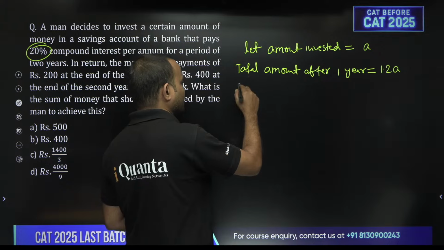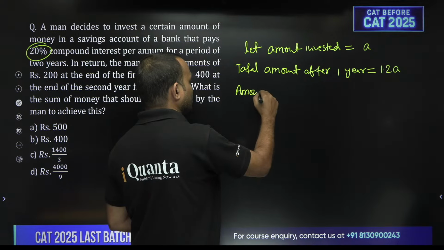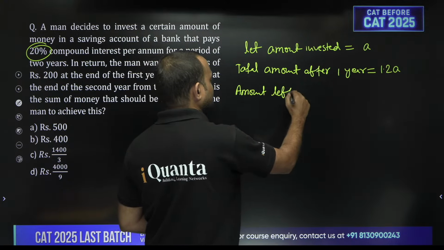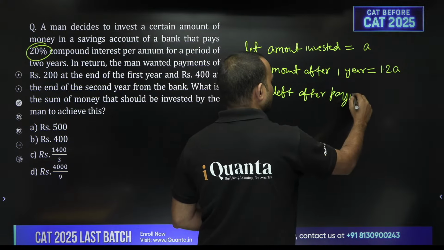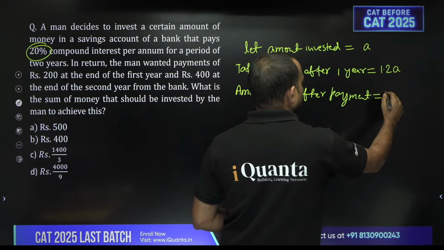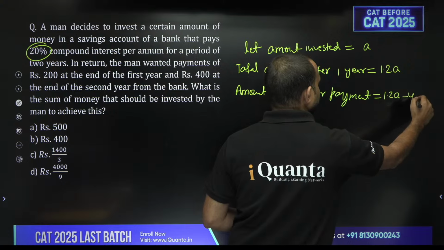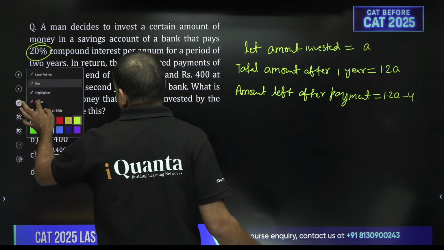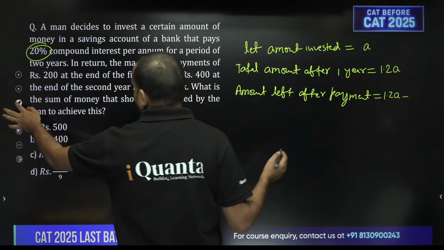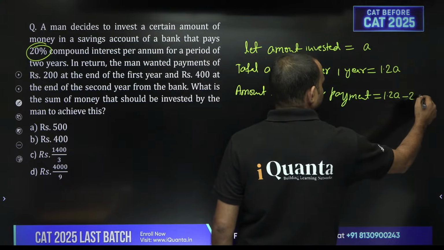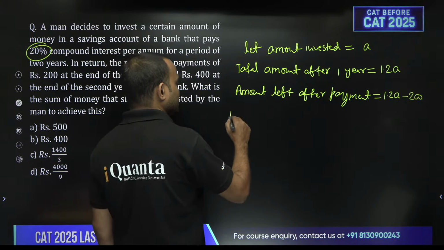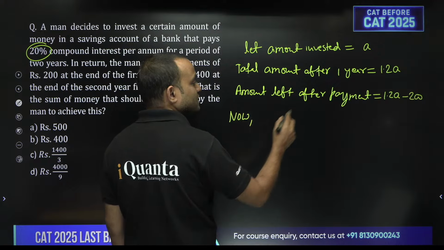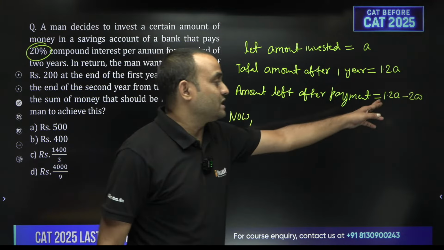Amount left after payment. What will be the amount which is left? Amount left after payment will be equal to 1.2A minus 200. This is the amount left after the payment of 200. Now according to the question, 20% interest will be applied on this.